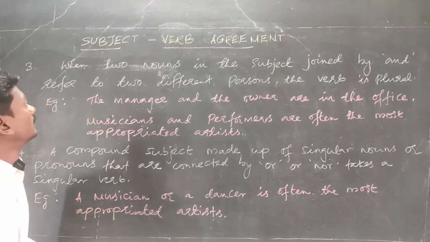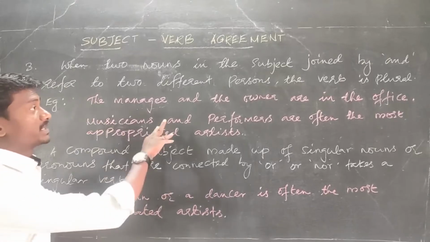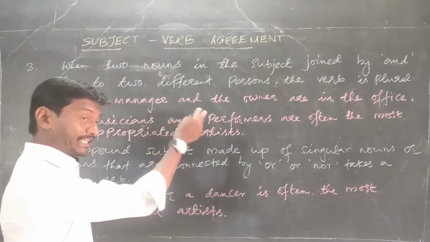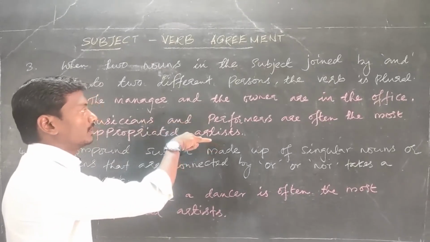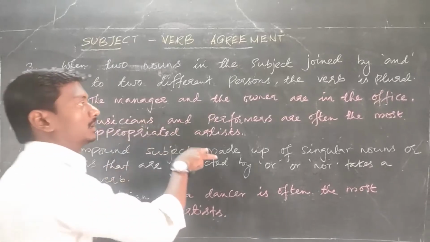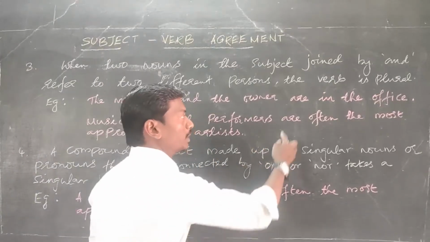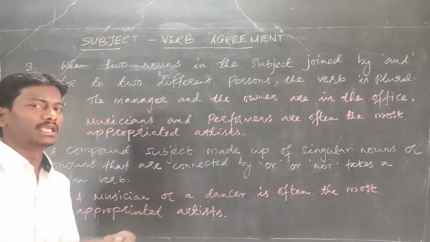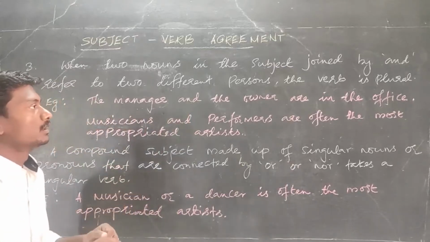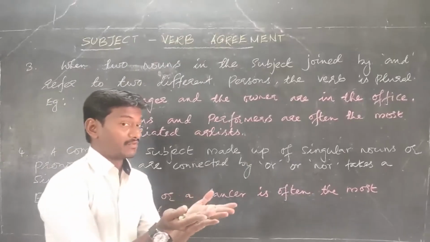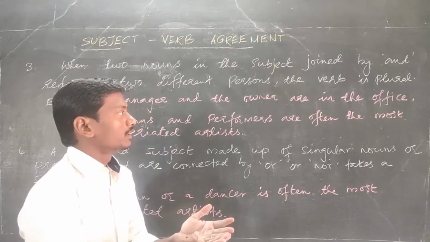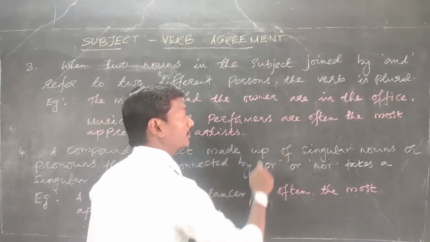When there are two subjects and they are different, the verb should be plural. Already we have seen rule number 2: if the same person comes, the verb must be singular.